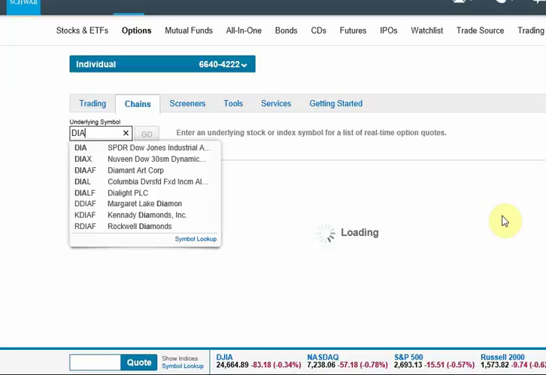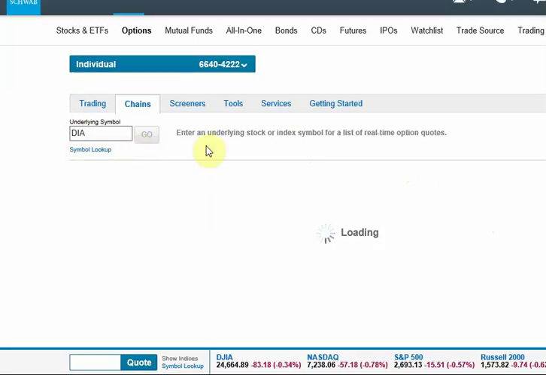This program only allows me to do two-legged spread trades. I cannot do 3 or 4-legged trades. But since this is only a 2-legged trade, this would be fine to use this platform. I would have to use the more advanced platform for the other trade.